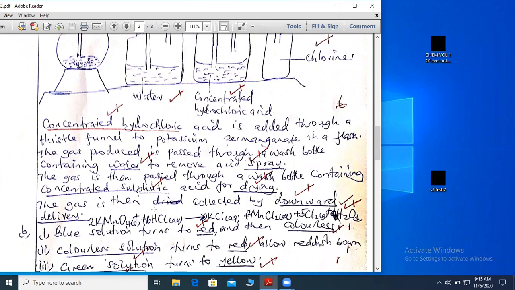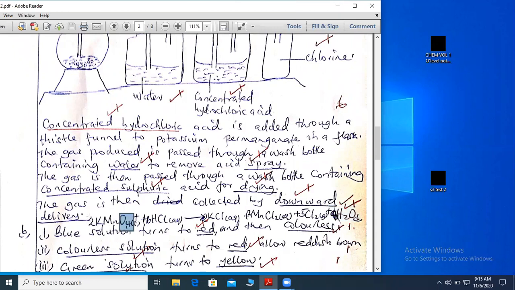So I told you to always remember that when you are balancing this equation, there is 16 on hydrochloric acid. When you put 16 on hydrochloric acid, then you must put 8 on water to balance hydrogen, to make it 16. When you put 8 on water, then oxygen will have become 8, and these ones are 4 on potassium permanganate.